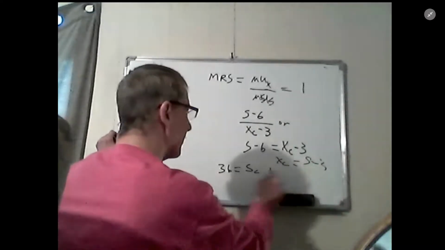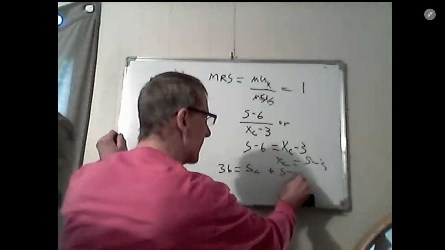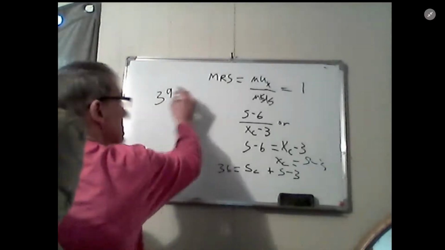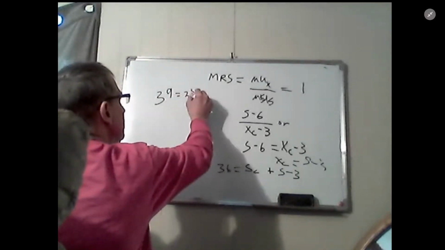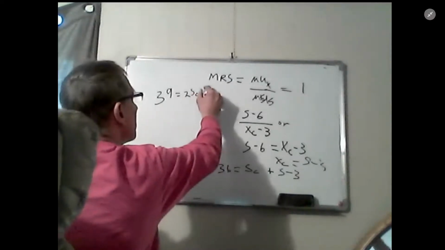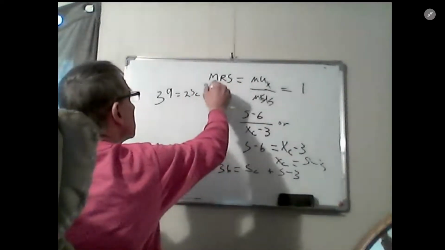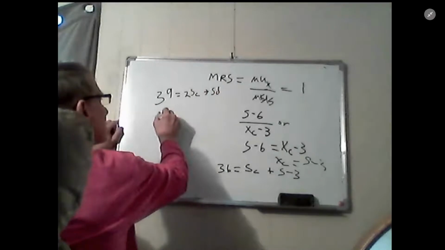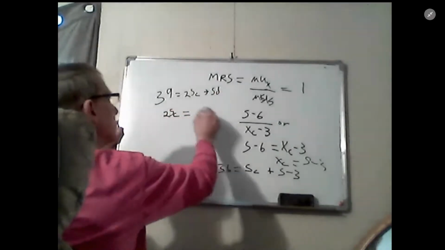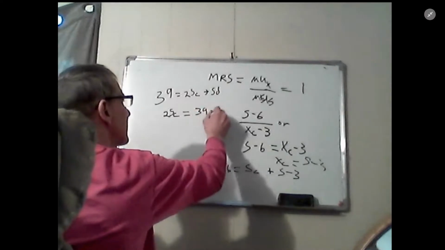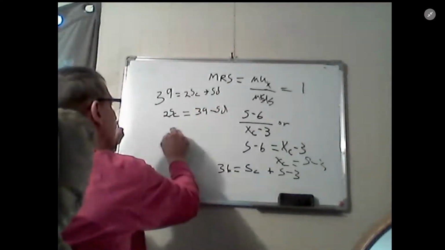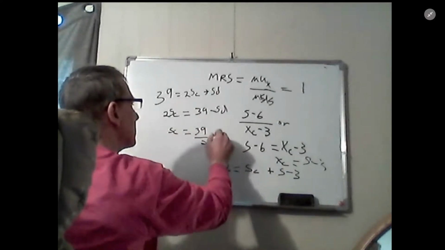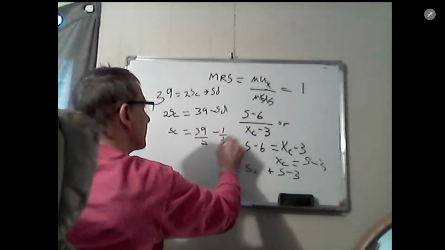So I'm going to put in here 36 equals SC plus S minus 3, or 39 equals 2SC plus SD, or 2SC equals 39 minus SD. Or SC equals 39 over 2 minus 1/2 SD.